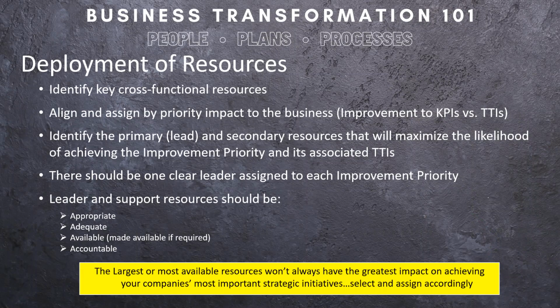In addition to identifying the leader, the matrix identifies key secondary resources as appropriate for each improvement priority. The leadership team needs to balance resource allocation to ensure daily management maintains and incrementally improves the foundation of the business, while simultaneously achieving the annual breakthrough objectives through the improvement priorities.